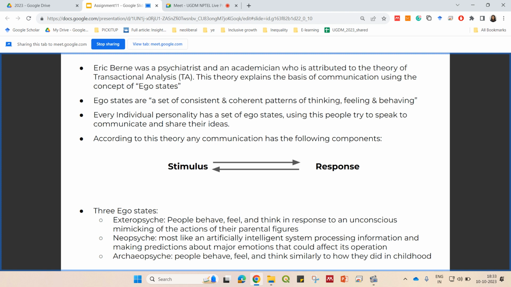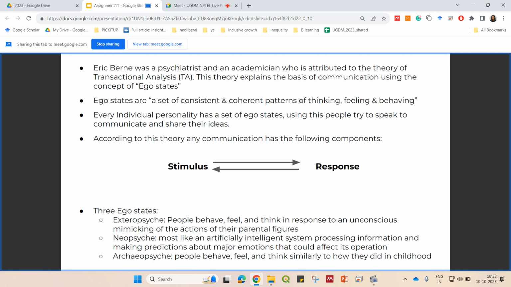You have learned from them, from their behavior, and you're unconsciously mimicking or using your knowledge from their responses to again respond to your stimulus in your case. So that is called exteropsyche, or the parent.